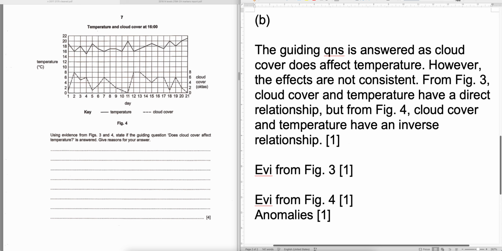So the idea from both figure 3 and 4 that the cloud cover affects temperature differently should be expressed. Then that will secure the mark better.